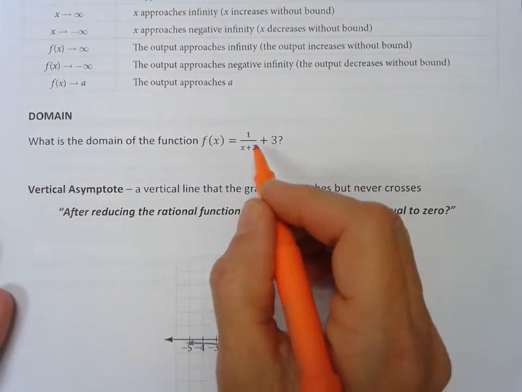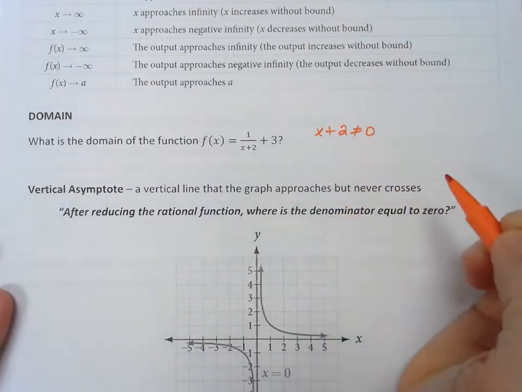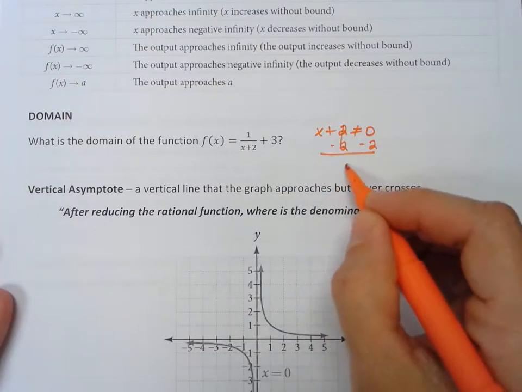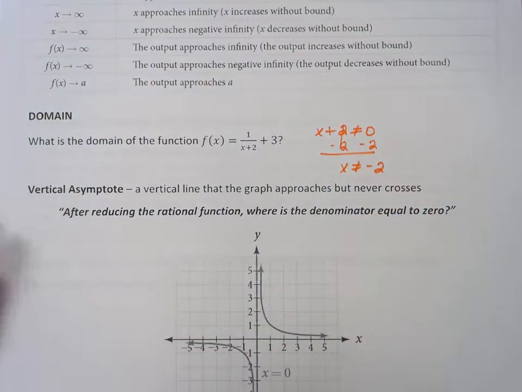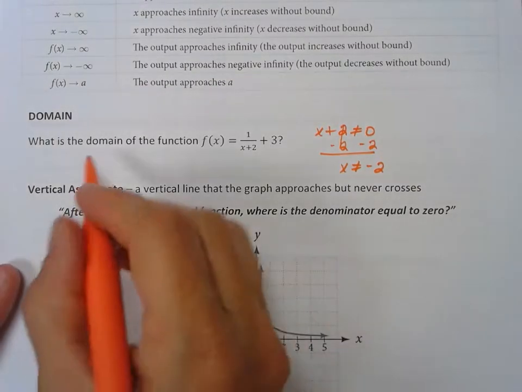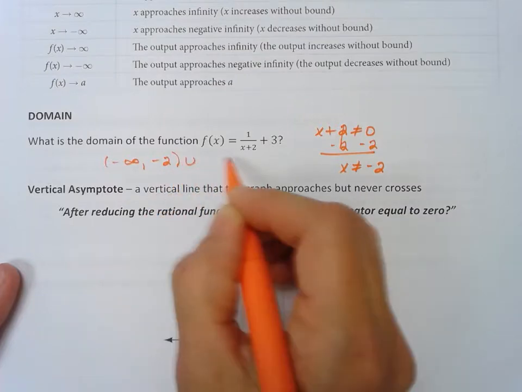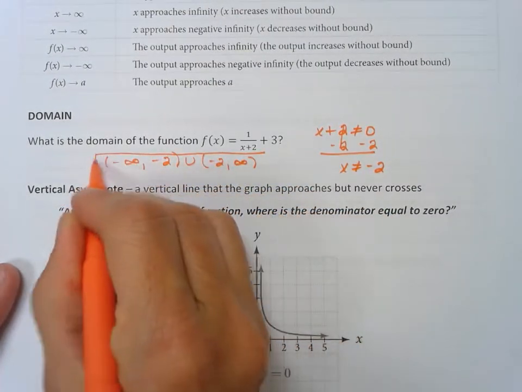We know that the whole denominator cannot be 0. So we subtract 2 from both sides, which tells us x cannot be negative 2. So the domain is everything except negative 2. So the whole number line, but not negative 2. This is our domain.